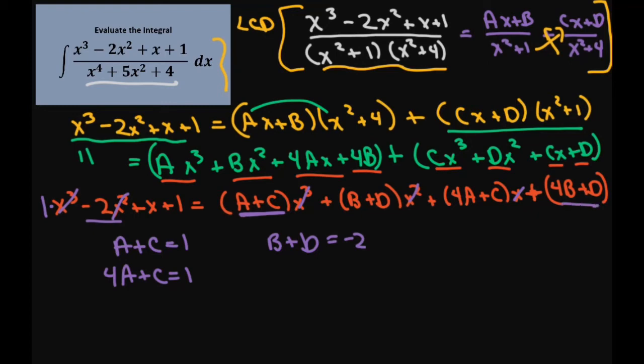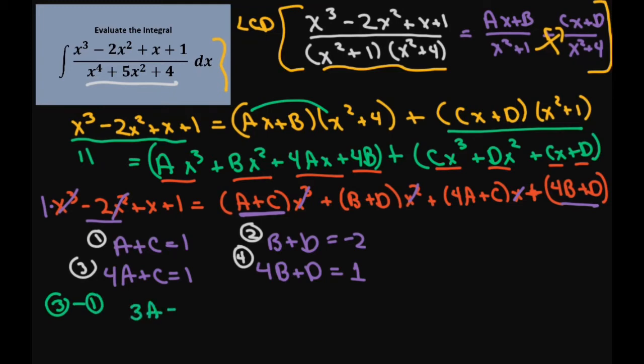And then for your constant, you have 4b plus d equals also 1. Now we can call these 1, 2, 3, and 4. Let's subtract 1 from 3. That will give you 3a equals 0. That means a is 0, and if a is 0, looking at this one, c has to equal 1.